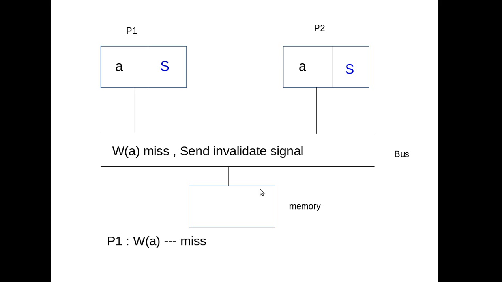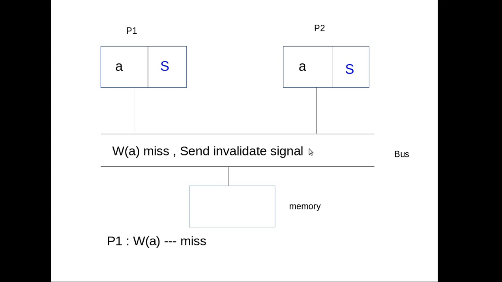Whenever one or more processes have the same data, then we say that it's a bus hit. So as we got a write operation, we need to check whether there is a bus hit or not. Here both P1 and P2 have the same data A, and P1 wants to write A.